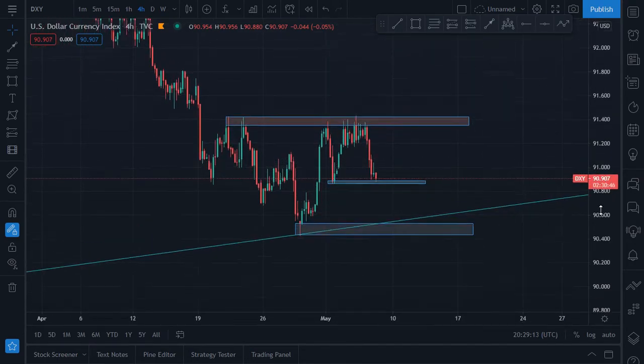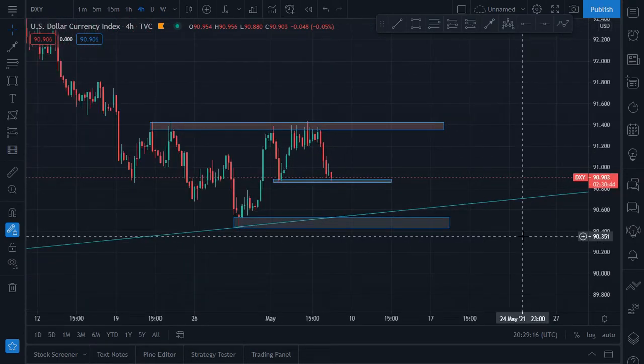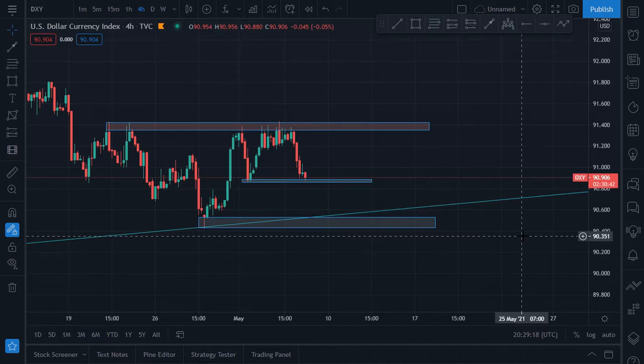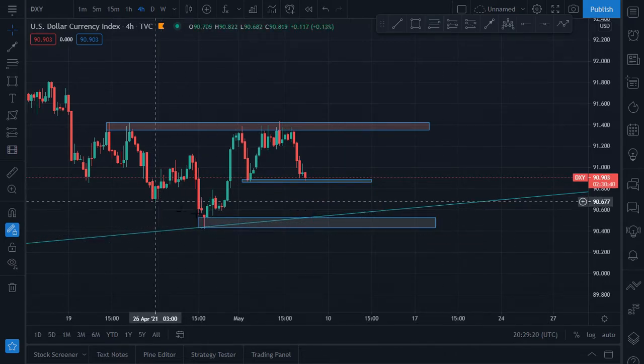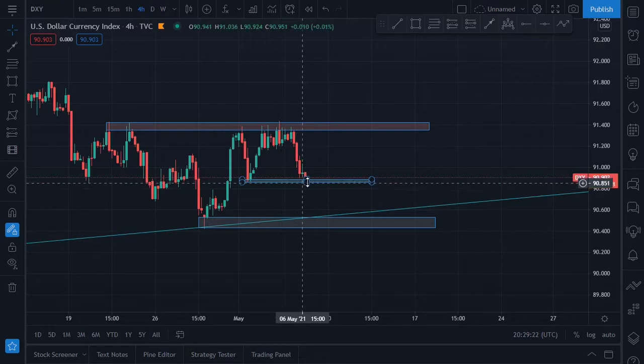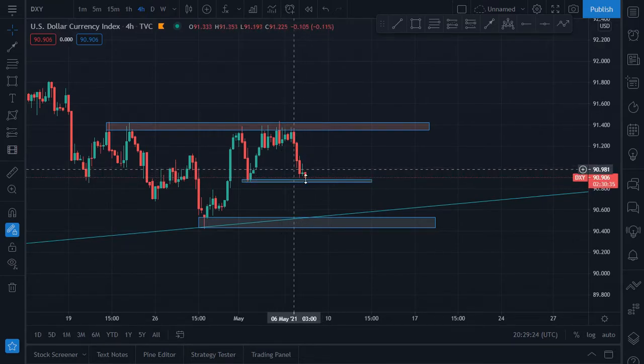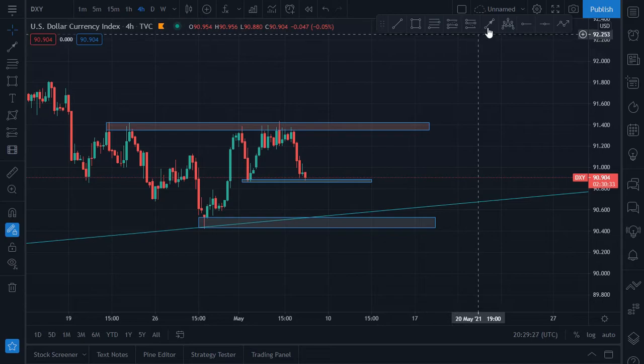We also have sort of an inverse head and shoulders pattern. Here we have our left shoulder, our head currently forming, and our currently forming right shoulder.